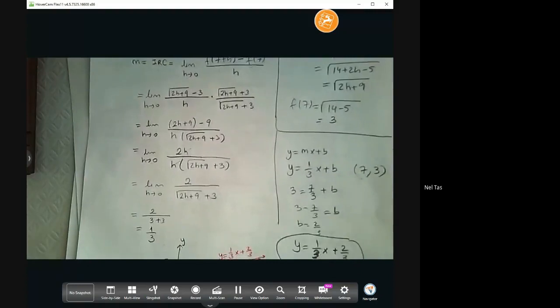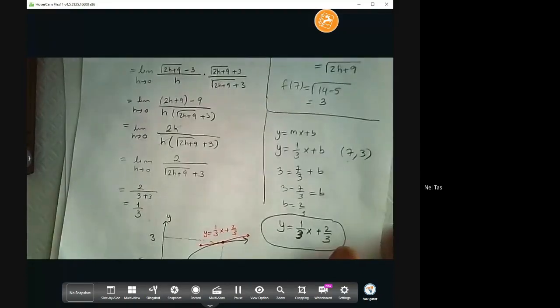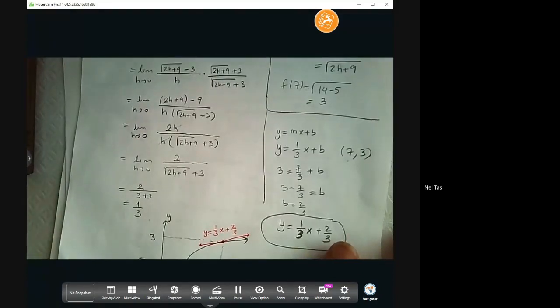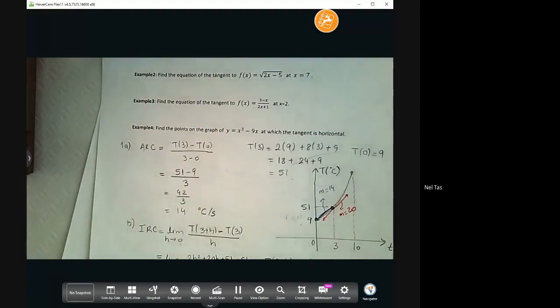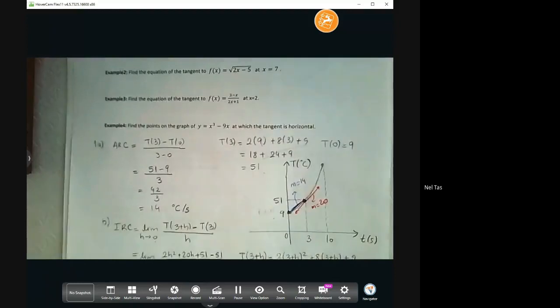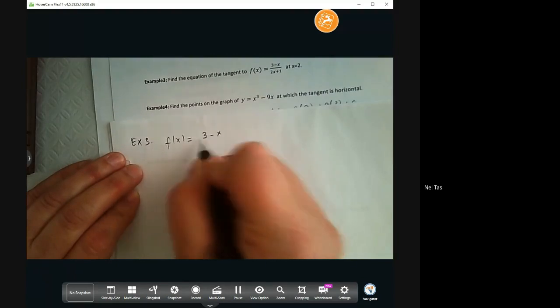Okay. Let's look at other examples. Example 3. So we are given f of x equals 3 minus x over 2x plus 1.